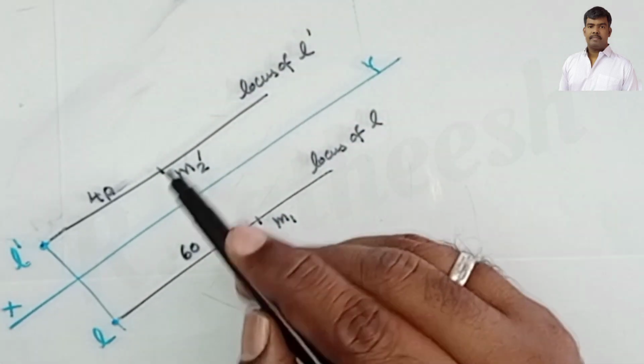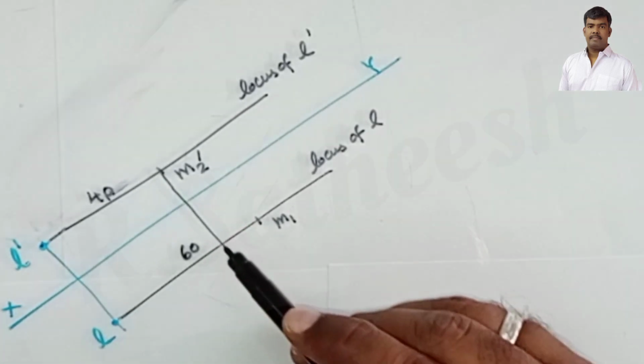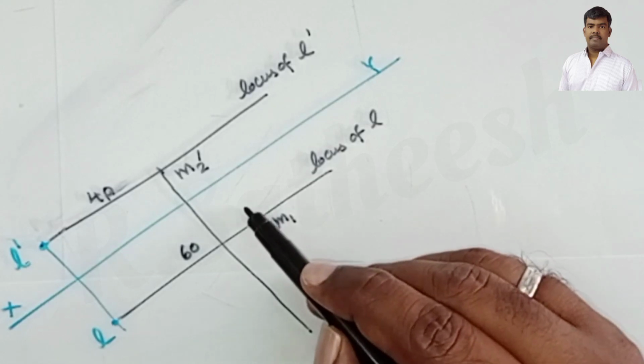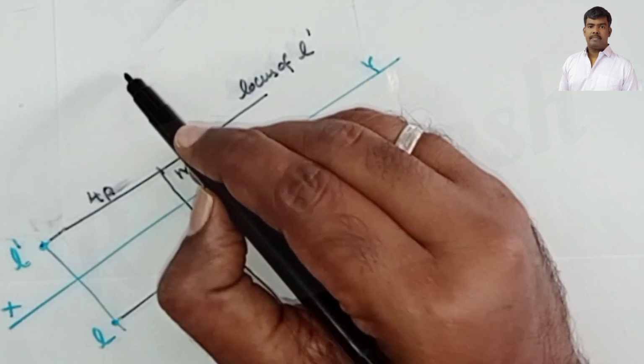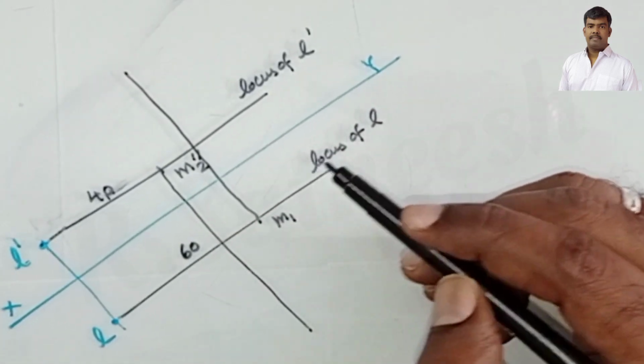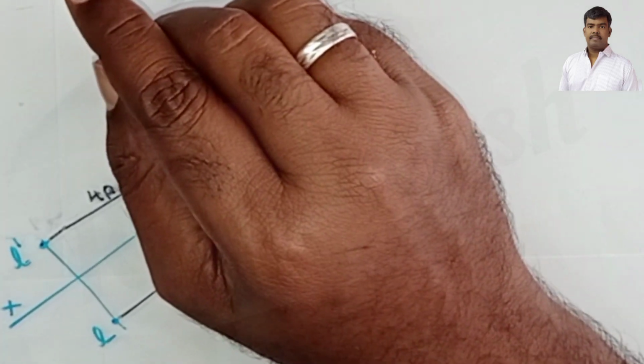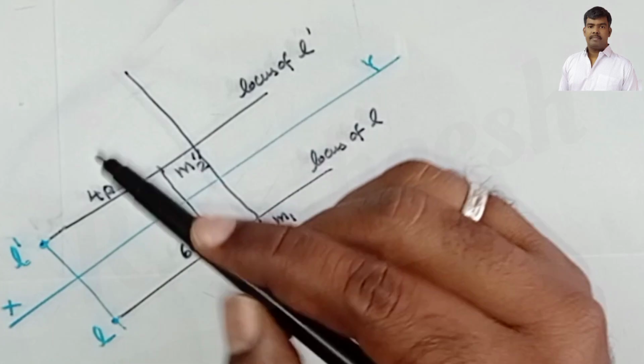Now you draw that line downwards from M2 dash, and similarly from M1 you draw one line upward. Do you understand? On those two vertical lines you intersect the true length dimension, which is 70.